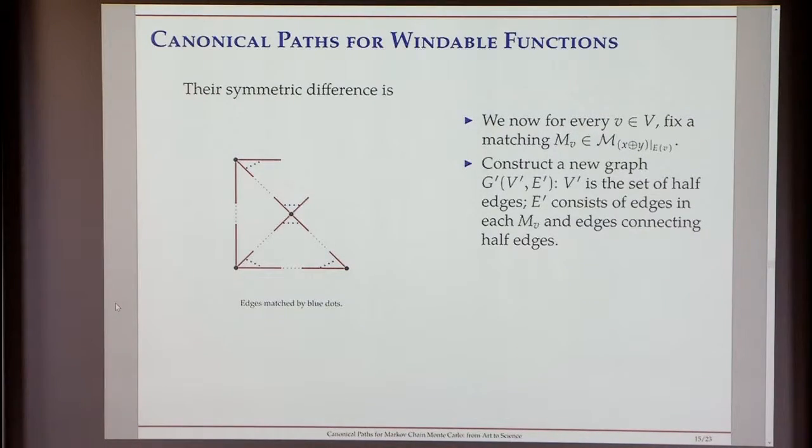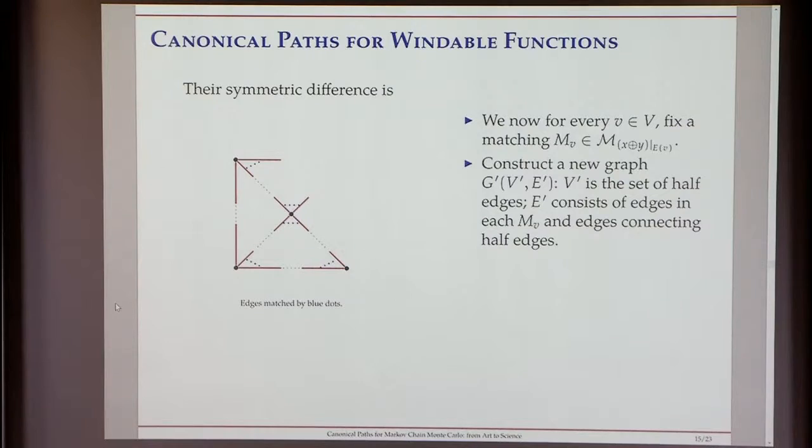Then we can construct a new graph. The vertices of this new graph are the set of half edges. So the red edge in this graph is a vertex of our new graph. The edges of the new graph consist of two parts.